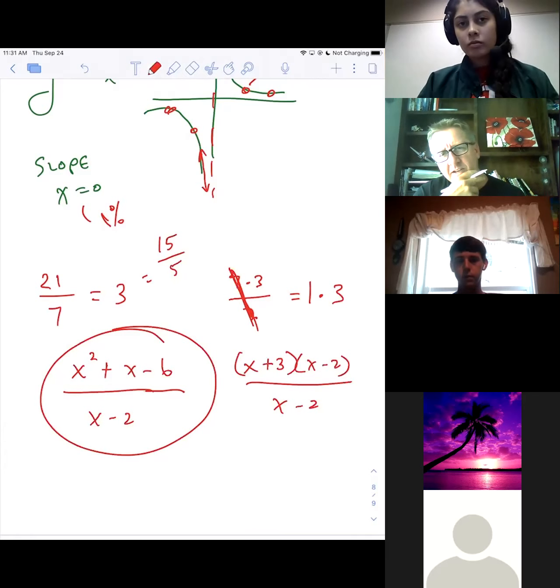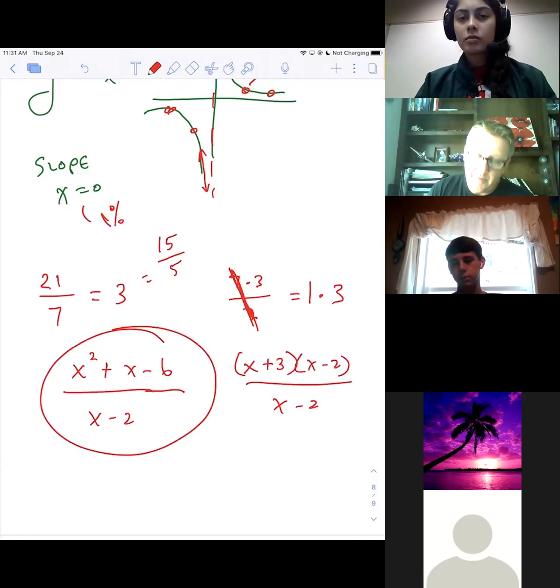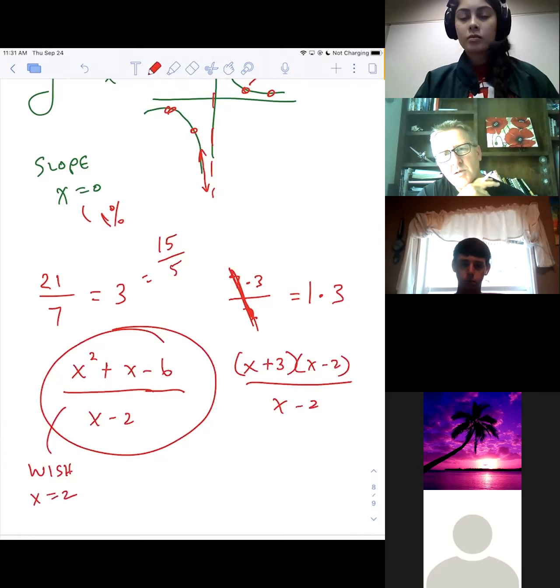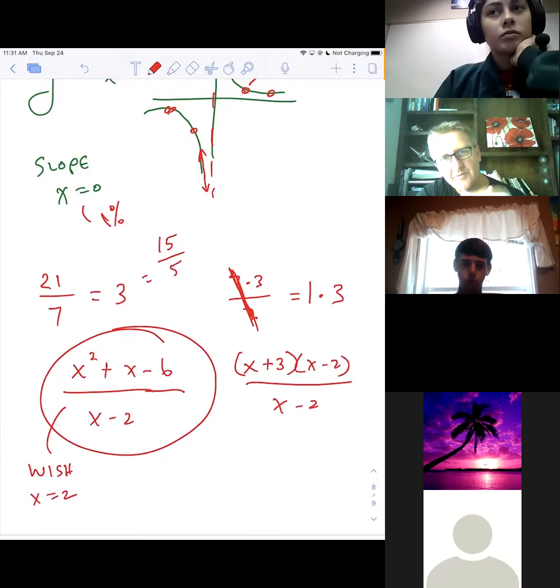Well, and I think that's the key. You're not right that there's a domain restriction. In other words, as it turns out in calculus, what we're sitting here doing is wishing we could plug in 2 for x. Does that make sense? That's not a restriction. It's just what we wish we could do. But when we try to do that, that creates a domain restriction. And that's just because that expression is messy.